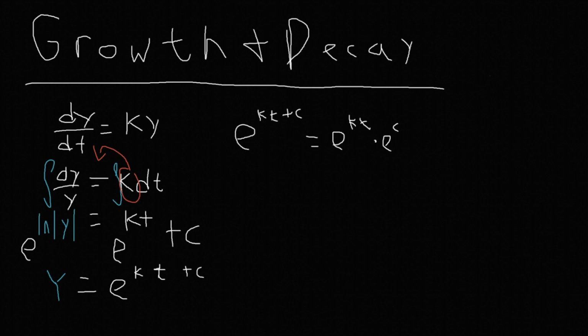And so we could call this e to the c another constant term, and many people like calling it big C. So we're just going to call this big C. And so now we have big C times e to the kt. And so when you have a differential equation in this form, where it's not 1 over, it's just directly proportional, it's going to grow as an exponential function.